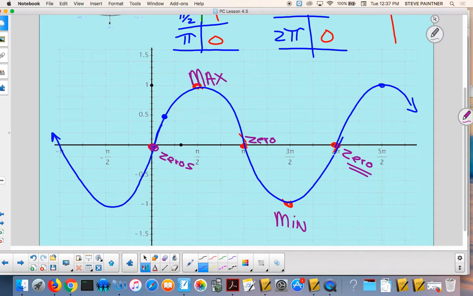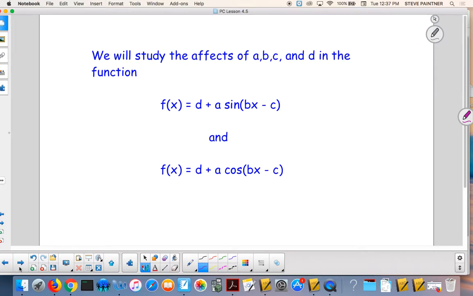The graph starts where? At 0. Then goes where? Max, 0, min, 0, max, 0, min, and it just repeats. That's all it does, as long as you hit those key points. And those key points are 0, 90, 180, 270, 360, and that's all it is. Okay? Can I move on?